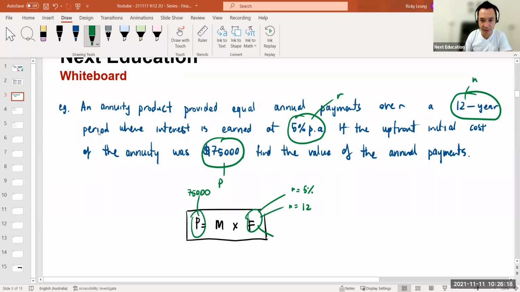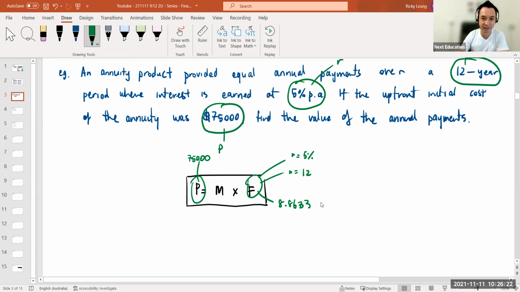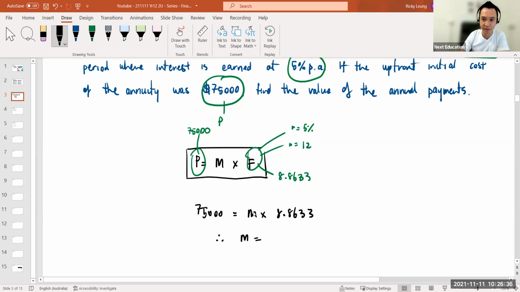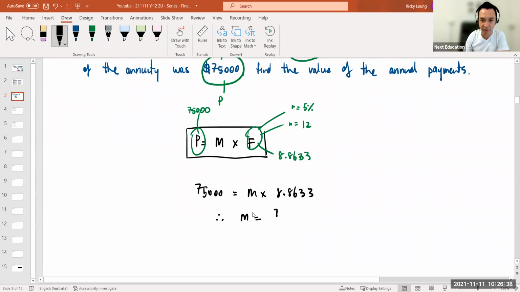So the factor there is 8.8633. And guys, it can't get any easier than this. 75,000 equals M times 8.8633. Therefore, make M the subject, throw the 8.8633 below the 75,000 on your calculators.